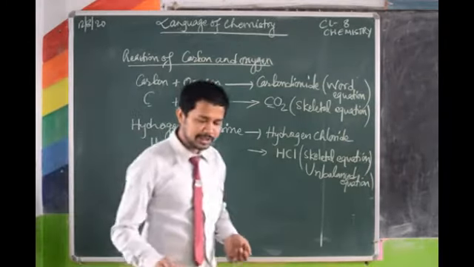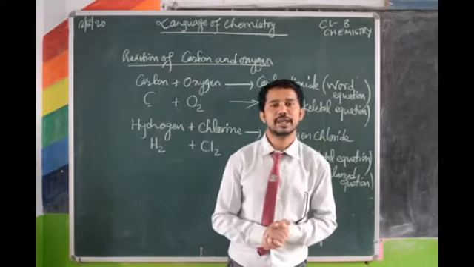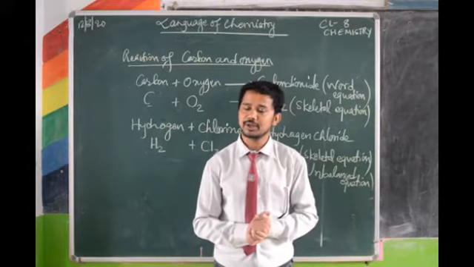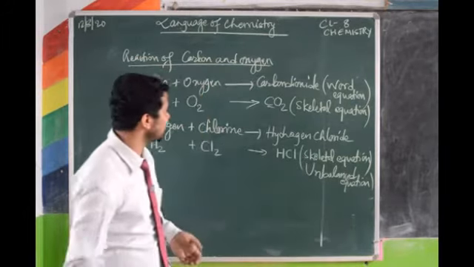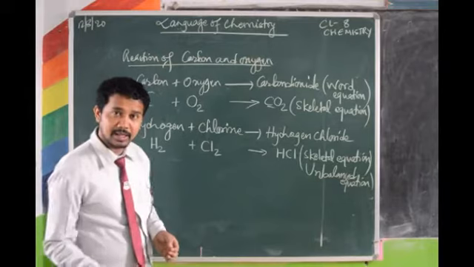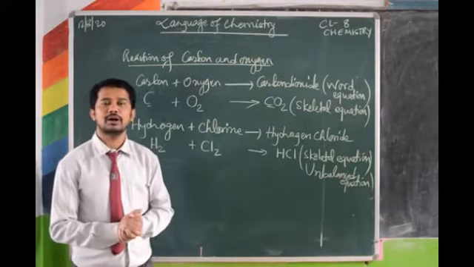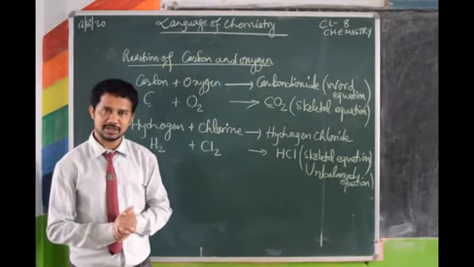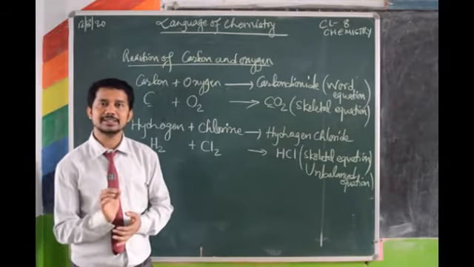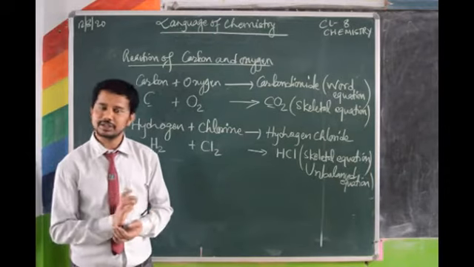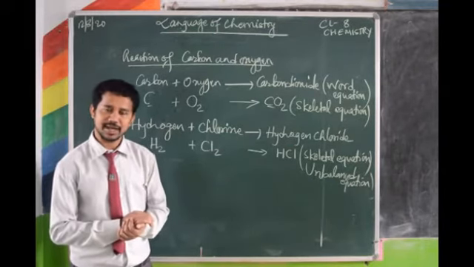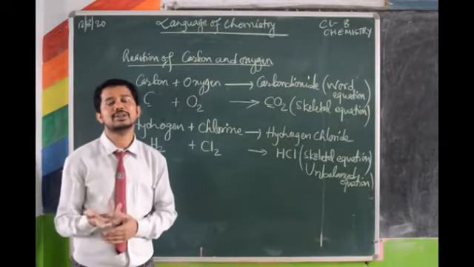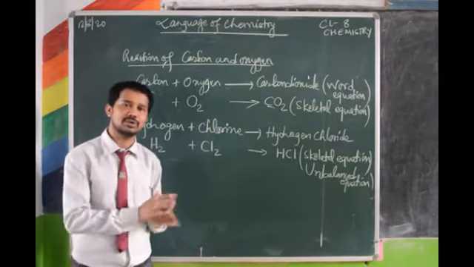Now, the need for balancing a chemical equation. Why do we have to balance a chemical equation? In order to follow the law of conservation of mass. What does the law of conservation of mass say? It says that mass is neither created nor destroyed in a chemical reaction. That means in a chemical reaction, atoms are not created or destroyed.